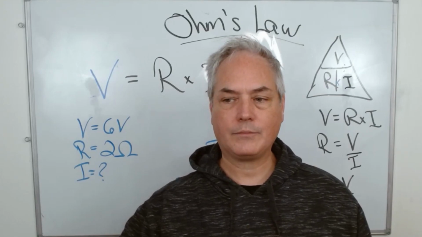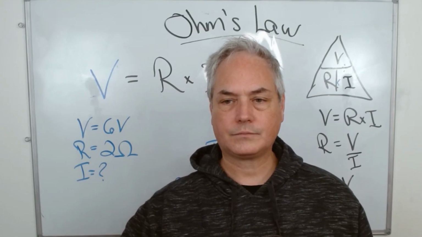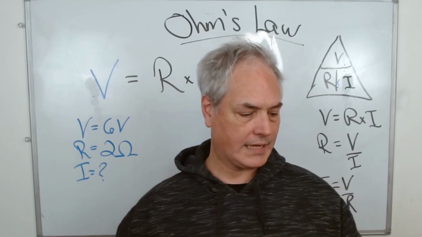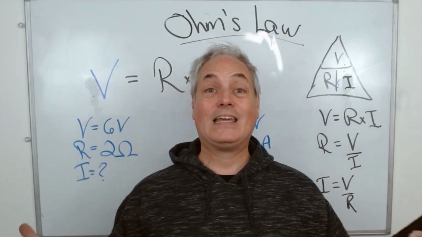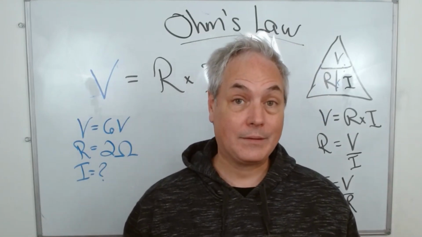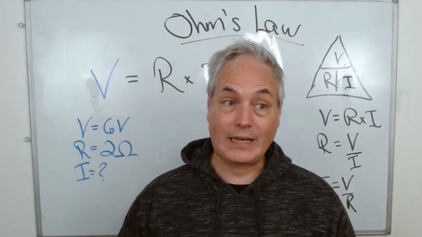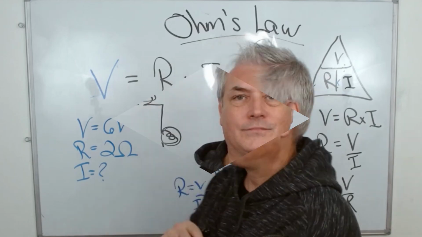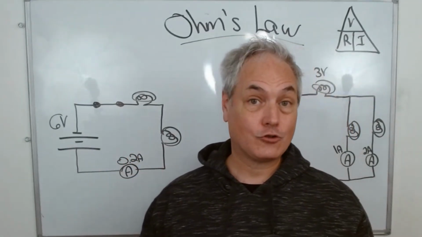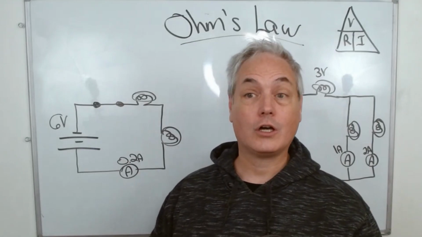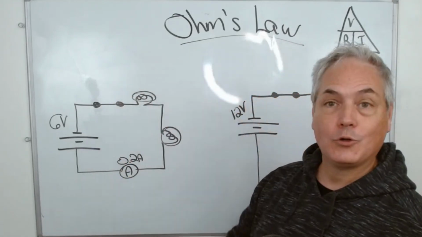I'm going to take a moment to do some drawings, and then we'll be able to answer the questions together. In the meantime, if you have any questions, you can put them in the comments below, and I'll be more than happy to answer them right after. Let's look at a few examples where we have more complex circuits and how we can use Ohm's law to answer them.